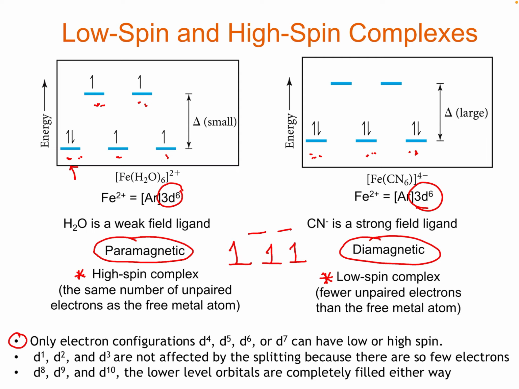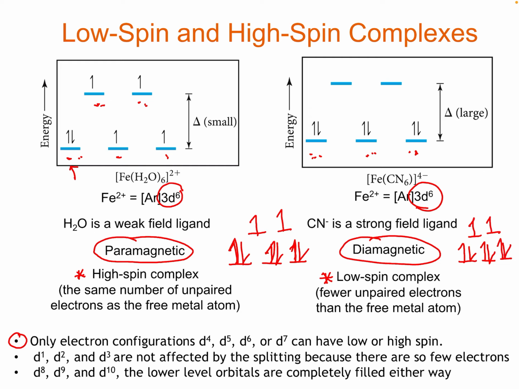And then d8, 9, and 10 also are not affected by this because those lower level orbitals get completely filled either way. So let's say 8. So we went 1, 2, 3, 4, 5, 6, 7, 8, right? Those low ones got filled that way, or we could have gone 1, 2, 3, 4, 5, 6, 7, 8.